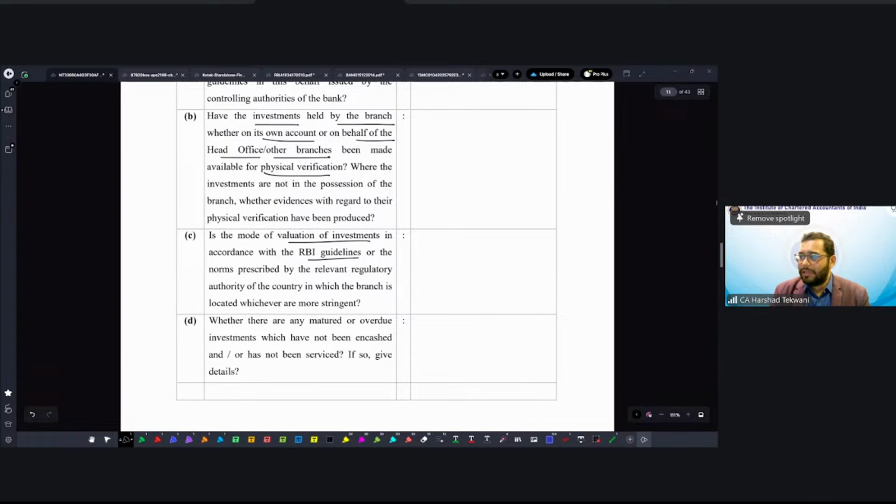How do you value the investments? Come on, guys, quickly. Initially at cost. Initially at cost, then... okay. And what do you do at the year end for the investments? Anyone?